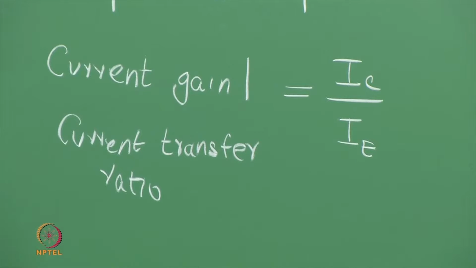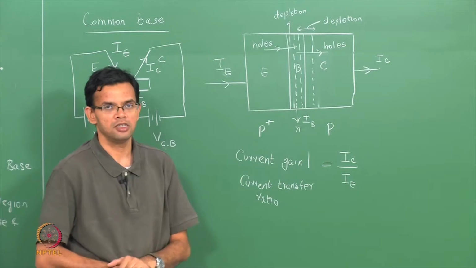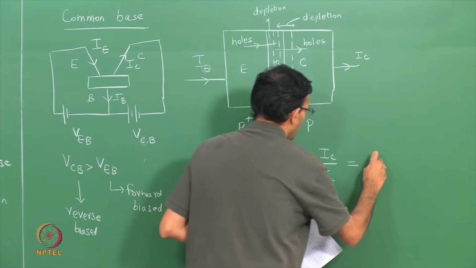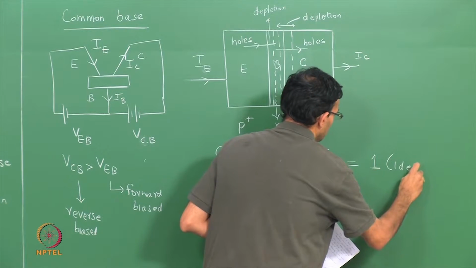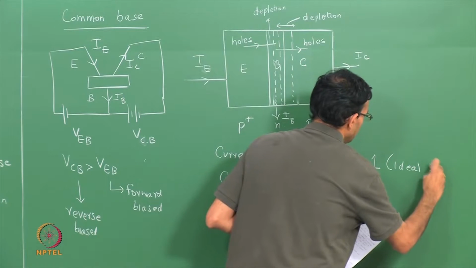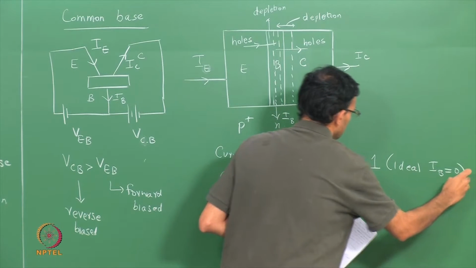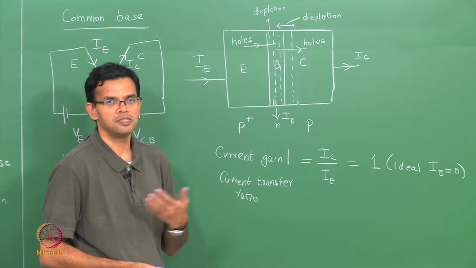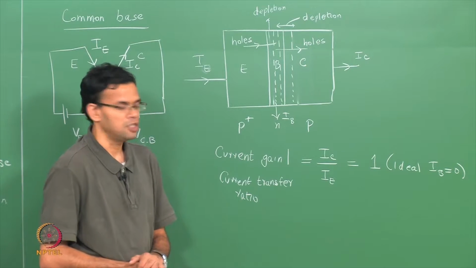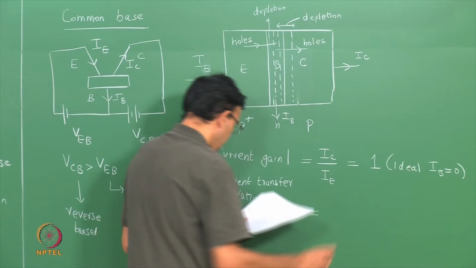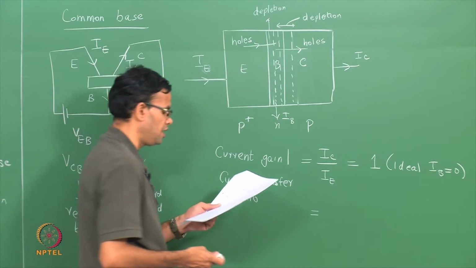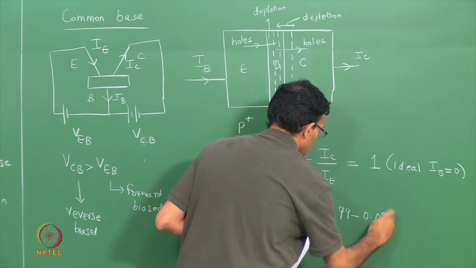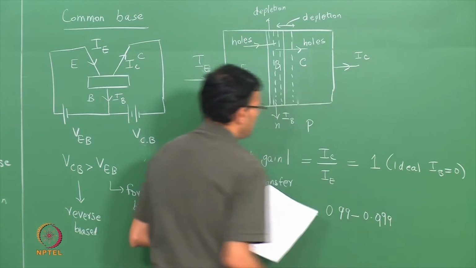Now in an ideal case, if no holes are lost in the base due to recombination, this current gain should be equal to 1. So this is if it's ideal and there is no base current, but usually some of the holes will always be lost in the base due to recombination. So this current gain typically is around 0.99. It can also be up to 0.999.